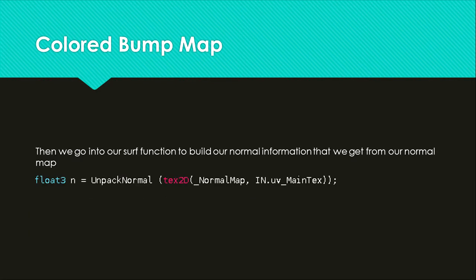After declaring our variables, we then go to our surface function to build our normal information that we get from our normal map. To do this, Unity provides us with a function called UnpackNormal, which takes the texture information and calculates the normal vector from it. The 2D texture we're going to look at is _NormalMap.